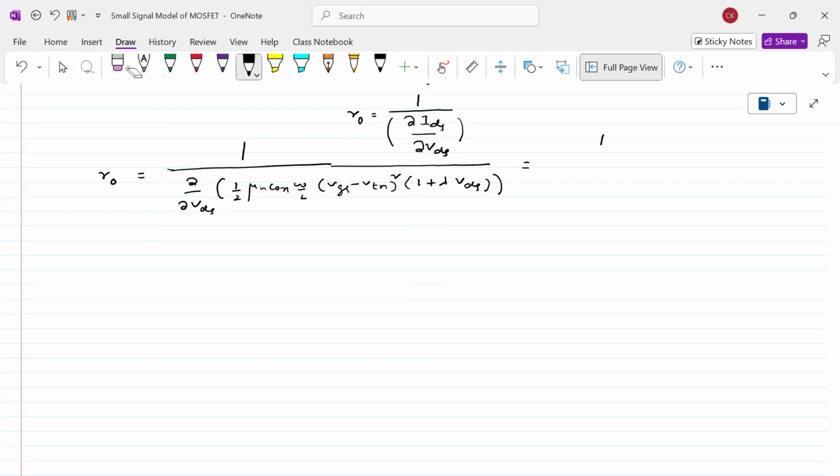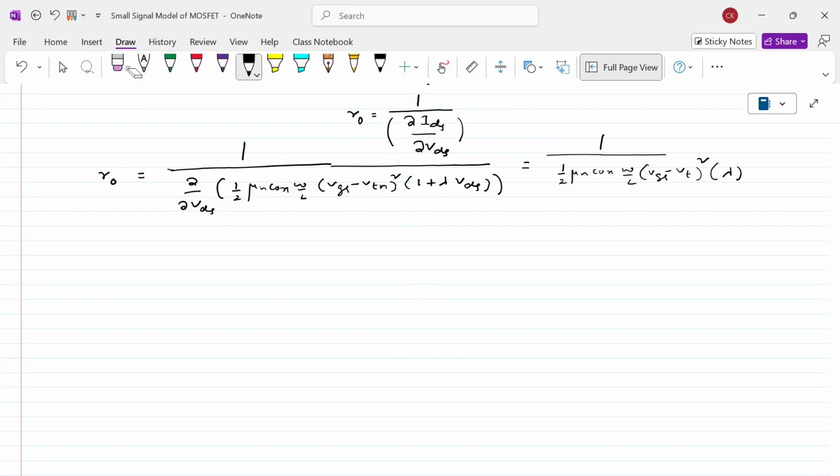What you can observe: 1 divided by 1 by 2 mu n Cox W by L into VGS minus VT whole squared into lambda. With respect to VDS only we have to differentiate, not VGS, so the derivative of the whole leading part is not necessary to consider, but only 1 plus lambda times VDS.